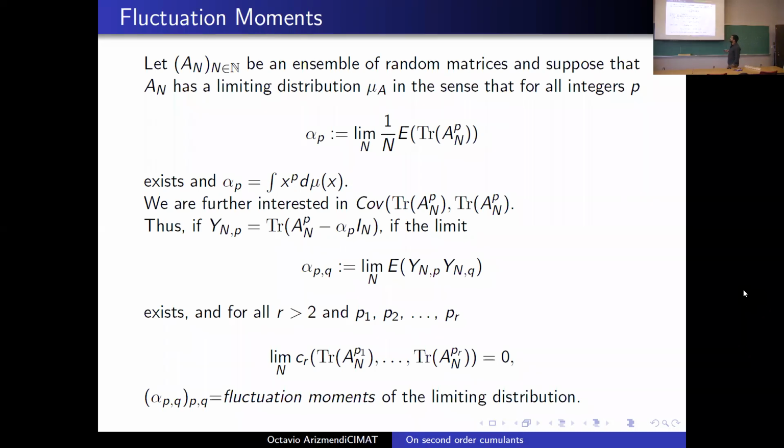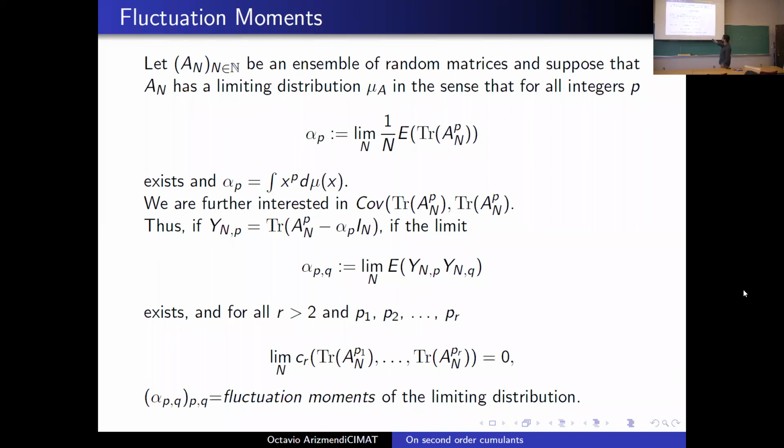Okay, so second order freeness, as in the talk before, cares about the limit of covariance of traces of powers. So I care about K2 of traces of powers. And we assume that it has a limit, meaning that if I normalize correctly, this goes to something.